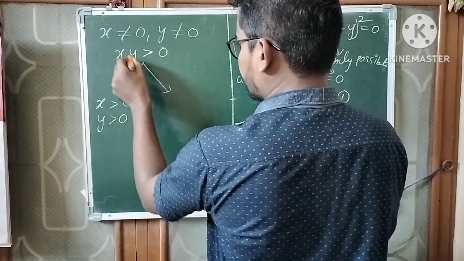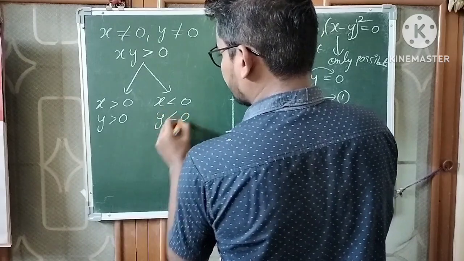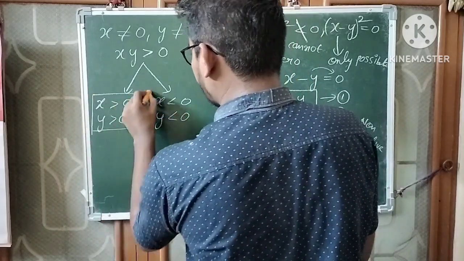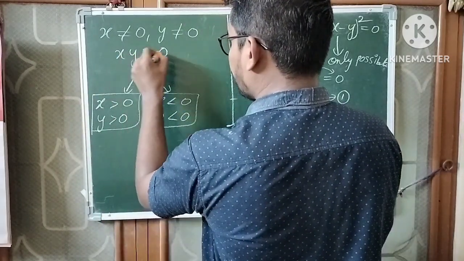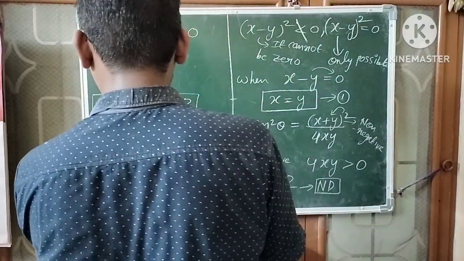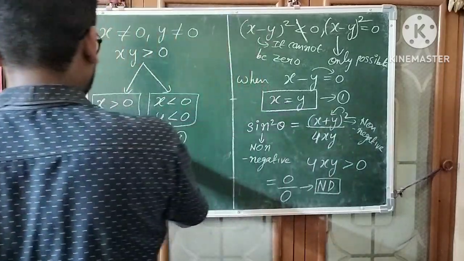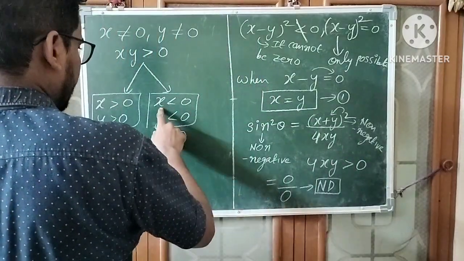And one more case: both x and y are negative, because positive into positive is positive, negative into negative is positive. So again, two conditions: x greater than 0, y greater than 0, and x less than 0, y less than 0.